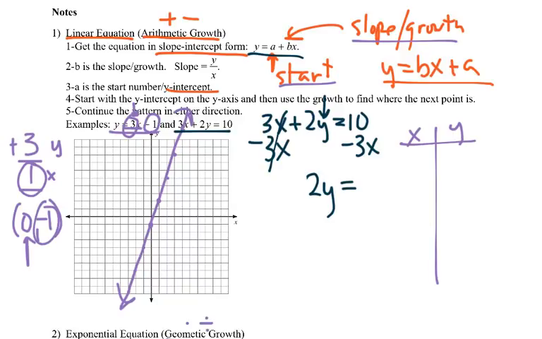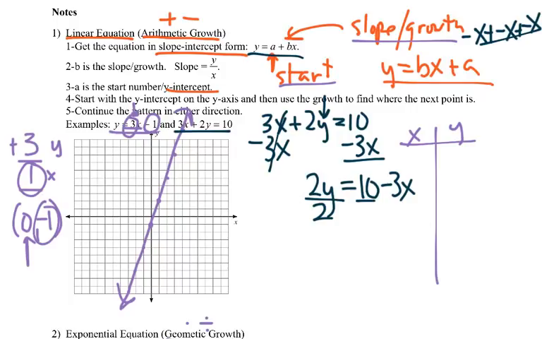Now, 10 and 3x can't be combined, because remember, negative 3x really means negative x plus negative x plus negative x. 10 doesn't stand for an x, so they can't be combined, but I can just rewrite them like that.